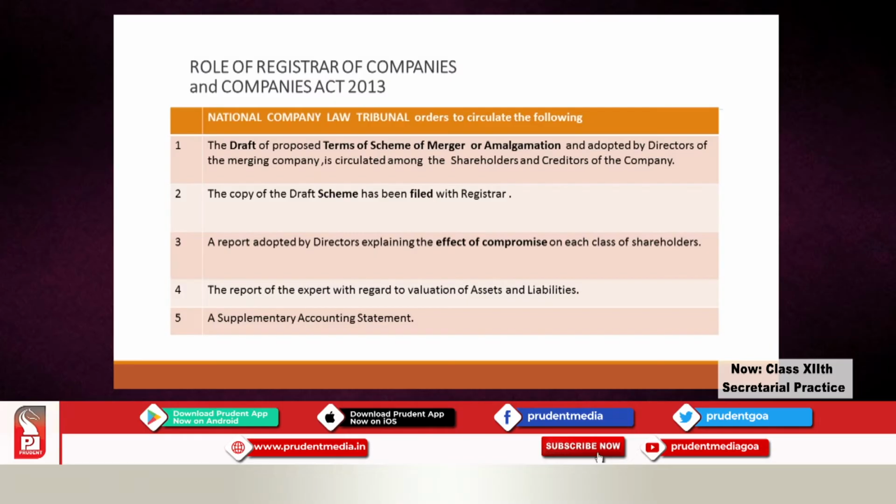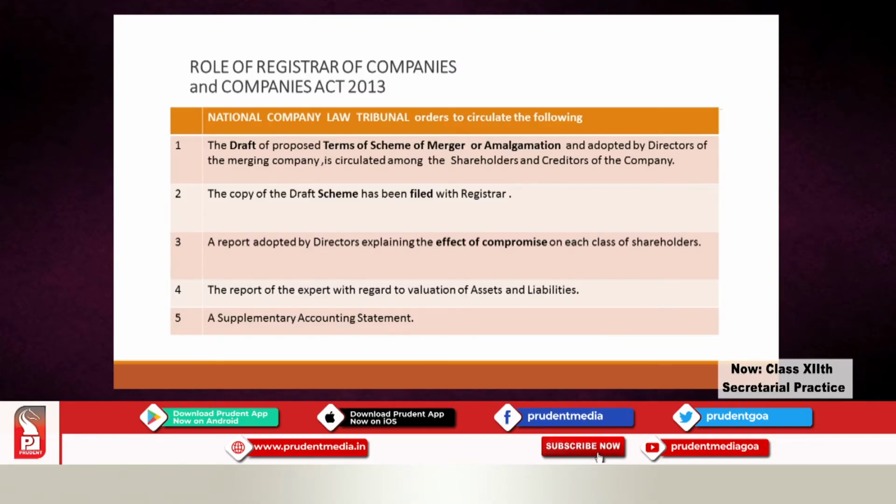The National Company Law Tribunal orders to circulate the following. The draft of proposed terms of scheme of merger or amalgamation, which is adopted by the directors of the merging company. And this is to be circulated among the shareholders and creditors of the company.